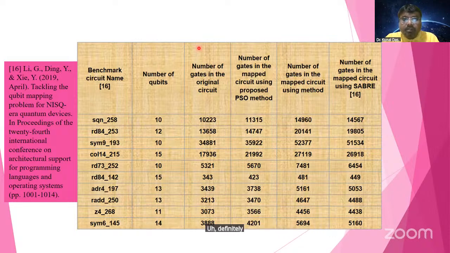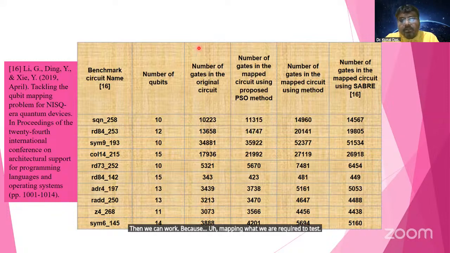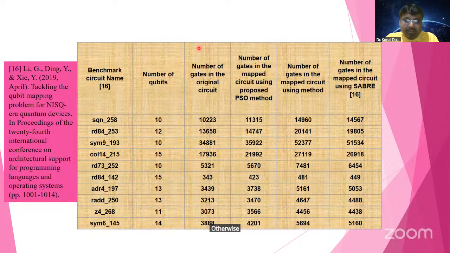Definitely, if you have access to any other systems, then we can work, because we require mapping to test after the transpiler circuit needs to be executed on real hardware. Otherwise, the result cannot be justified.